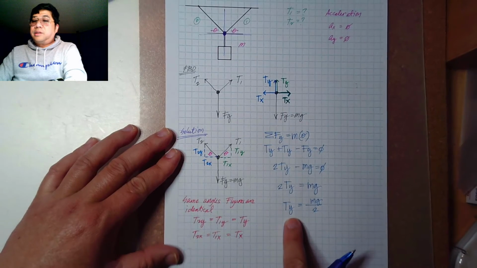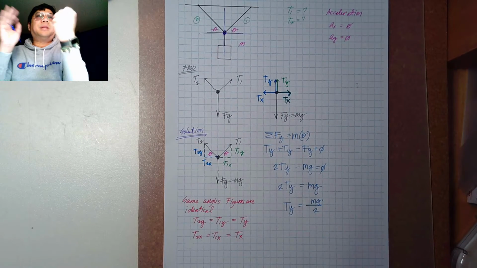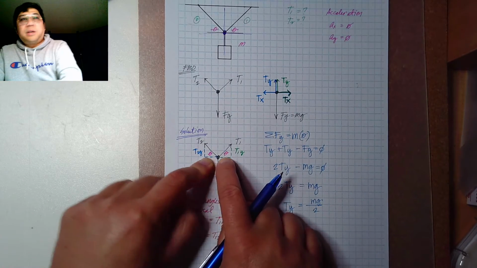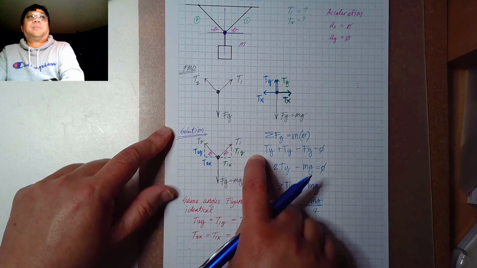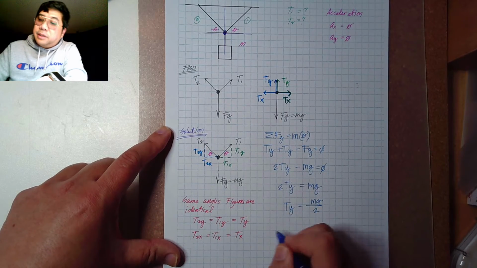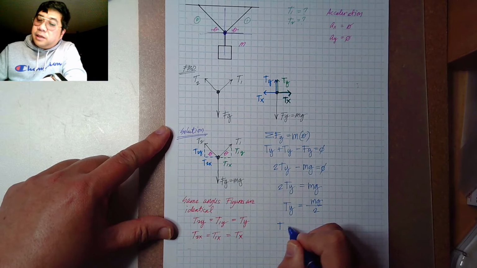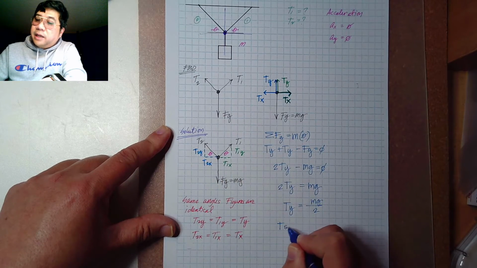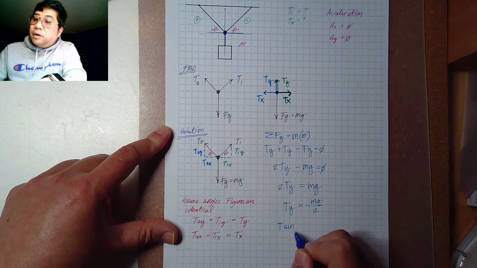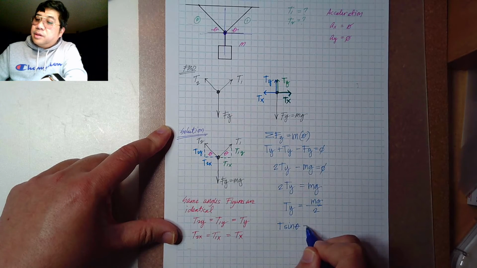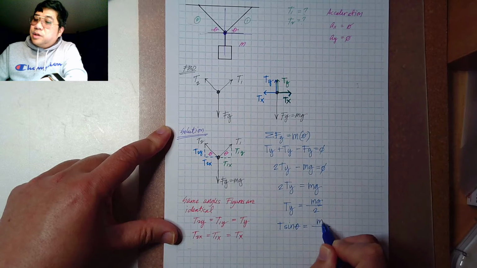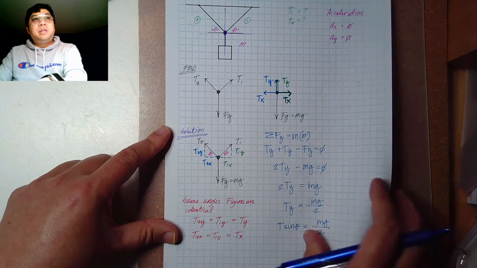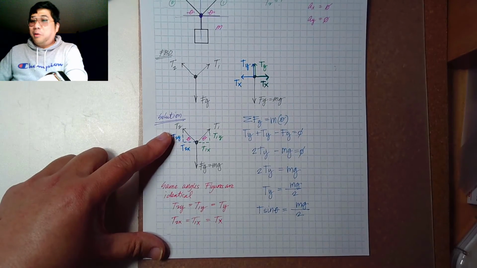Now, this is y. But what is the actual tension? We all know again that the angle is measured along the x-axis. So it means that the y component is basically whatever the tension is, you multiply it by the sine of the angle. So this will give us mg over 2. Again, we don't need sine to be together with the tension.